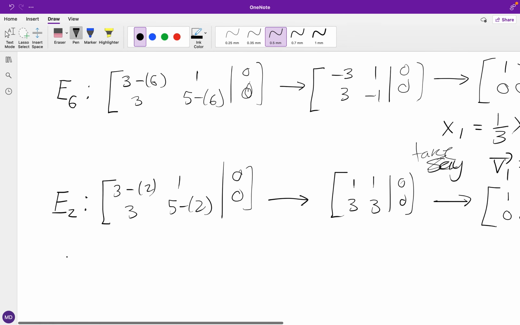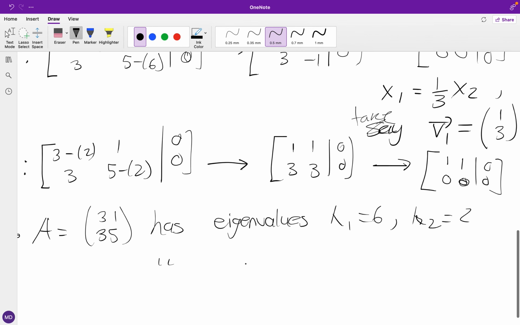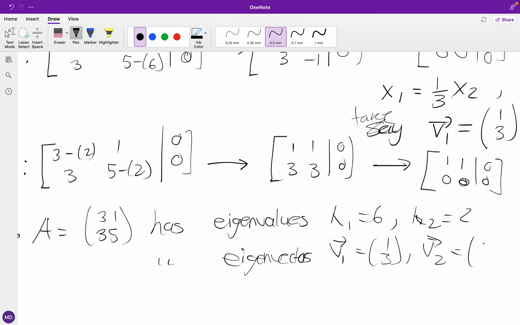And so, therefore, A, which was our matrix A, 3, 1, 3, 5, has eigenvalues lambda 1 equals 6, lambda 2 equals 2, and eigenvectors v1 equal to 1, 3, and v2 equal to 1 and -1.